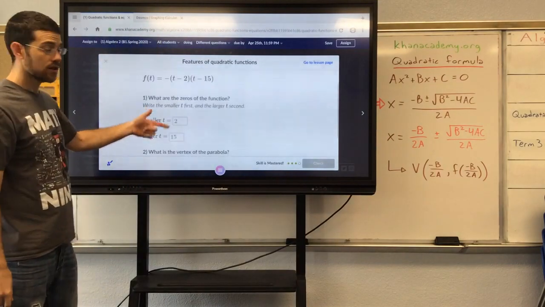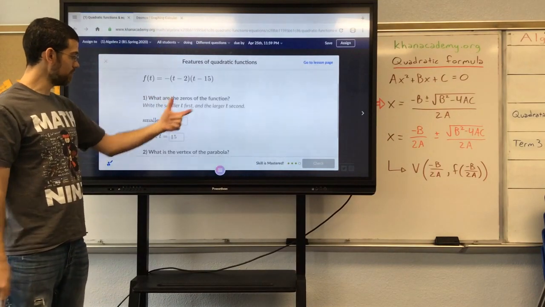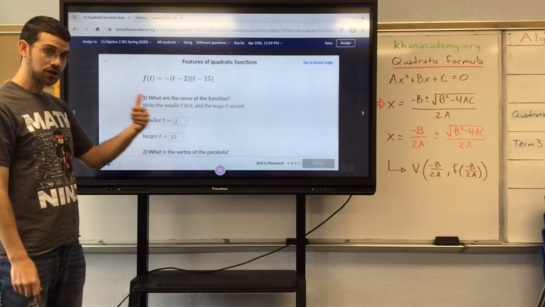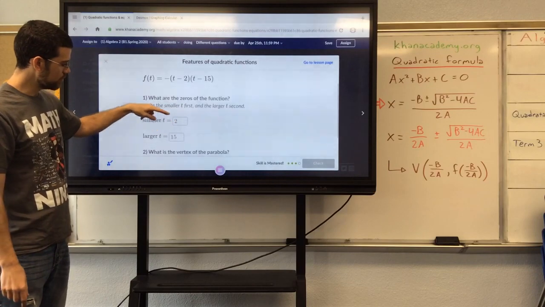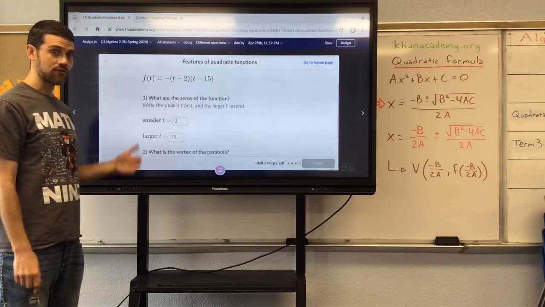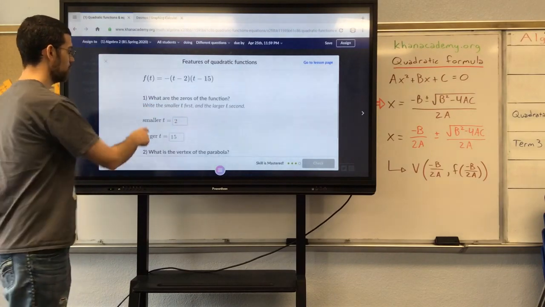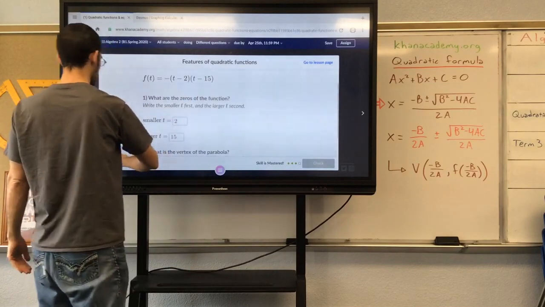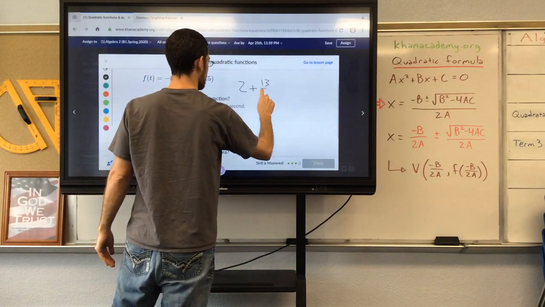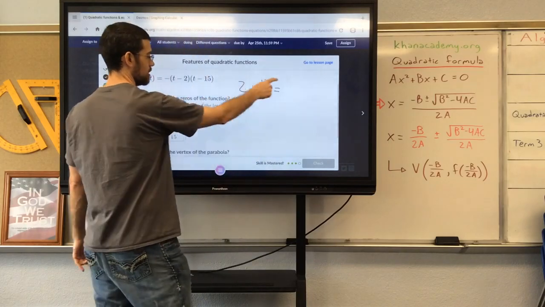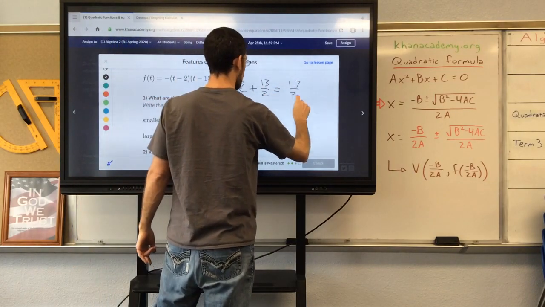The vertex, just like the last one, will be halfway between that as far as the t coordinate goes. So there's 13 between 2 and 15, so I have to go 13 halves forward from 2. So 2 plus 13 halves, that's 17 halves.